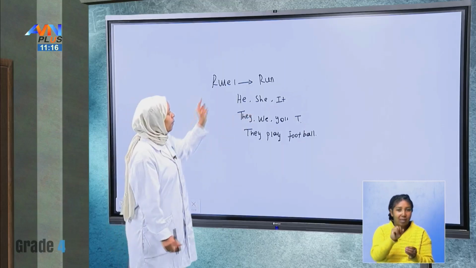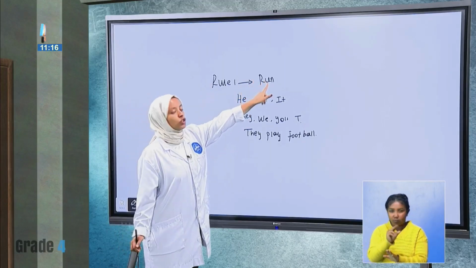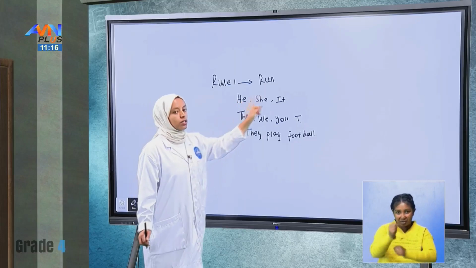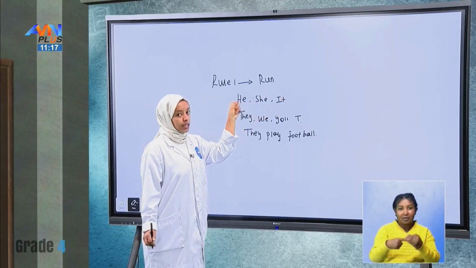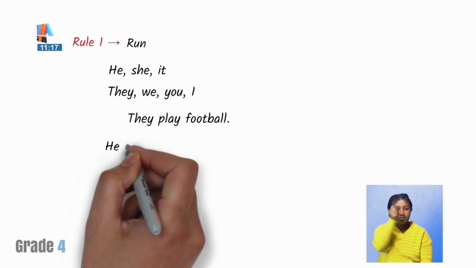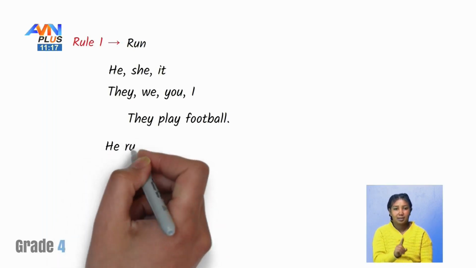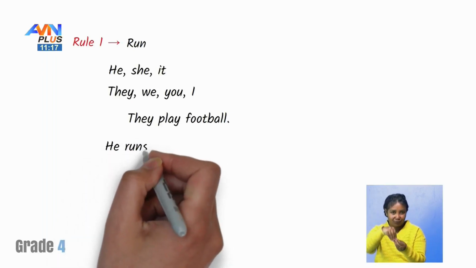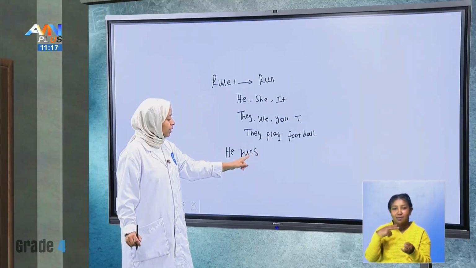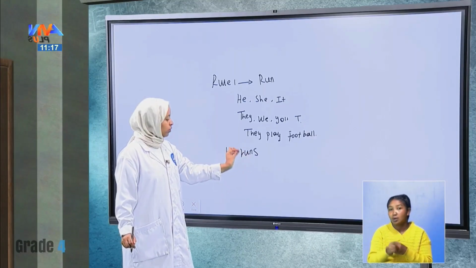So let me show you the rule. Let us take run, and we can use one singular subject. He, what can I say? Runs. I add what? S at the end of the verb ending with consonant, run.